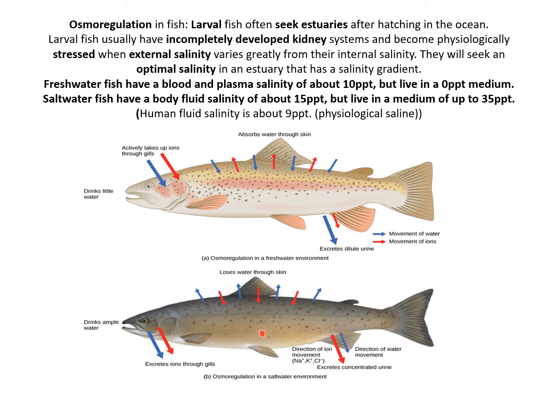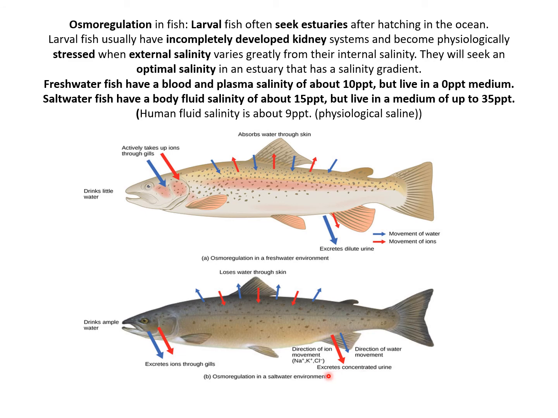Again, the fish we're concerned about, talking about our estuaries, are the saltwater fish, where just the opposite happens. They drink a lot of water, but they have to get rid of the ions in that water. So instead of trying to uptake ions through the gills, they're excreting them through the gills, and instead of excreting a lot of dilute urine, they excrete a very concentrated urine.